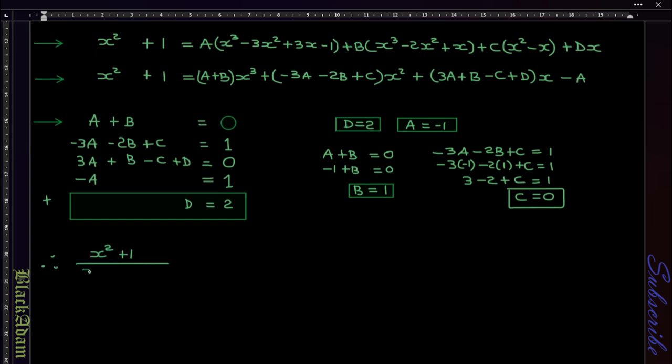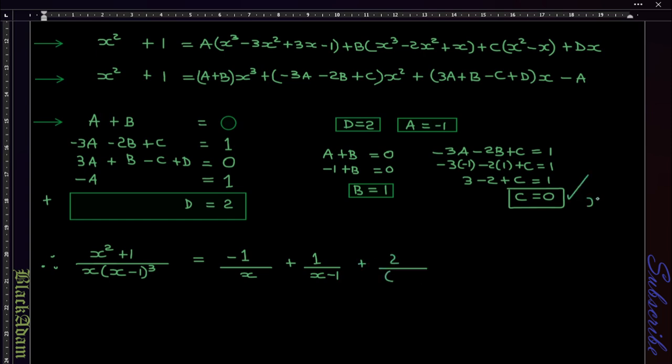We have a, b, c, and d, so we write the fraction how we want it to be. So there we have a is minus 1 over x, plus 1 over x minus 1, plus 2.